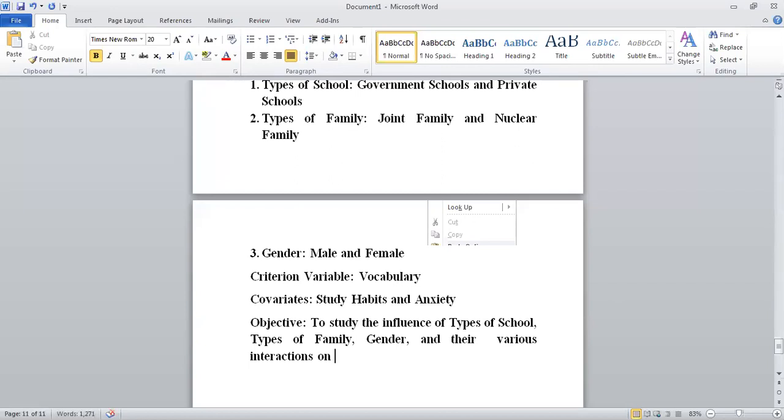To study the influence of types of school, types of family, gender, and their various interactions on vocabulary of students by considering their study habits and anxiety as covariates.